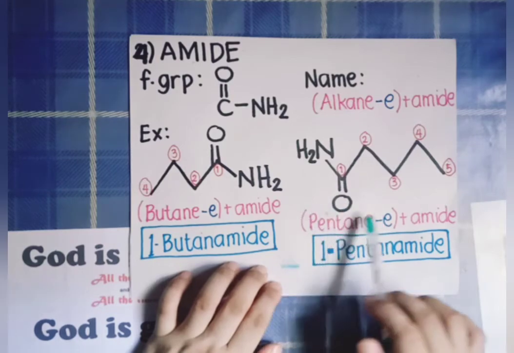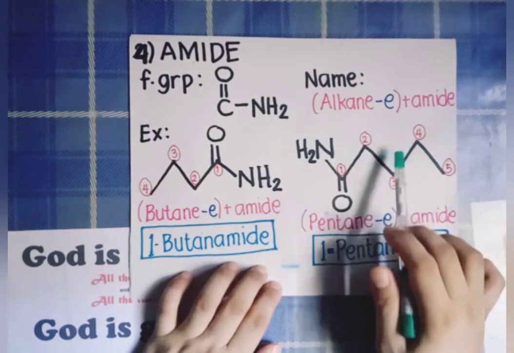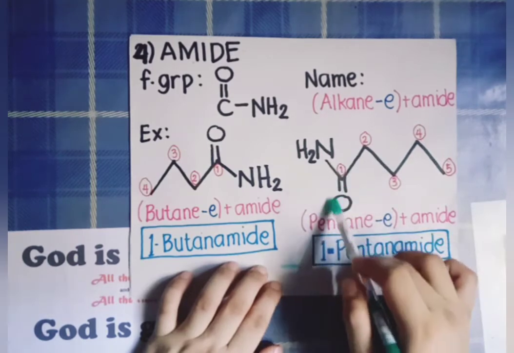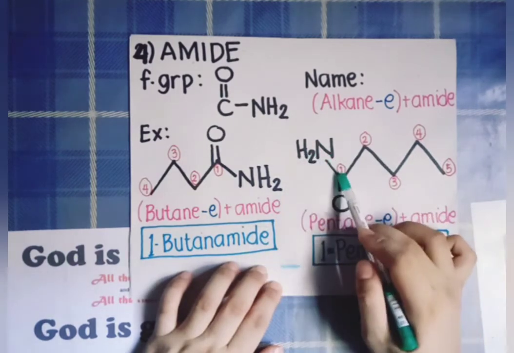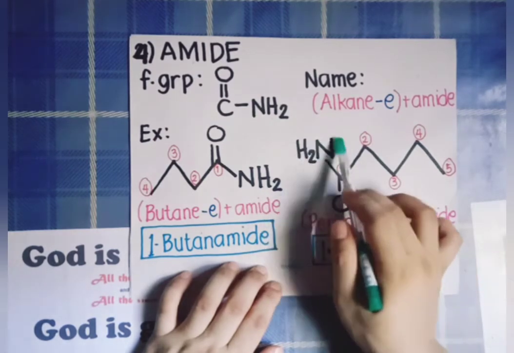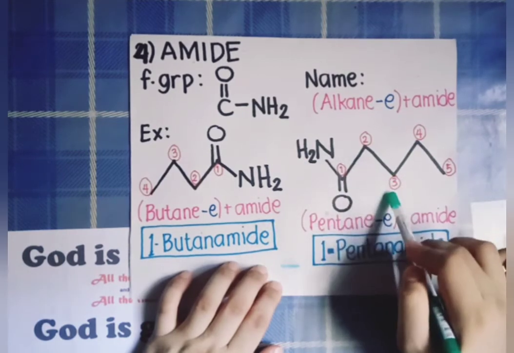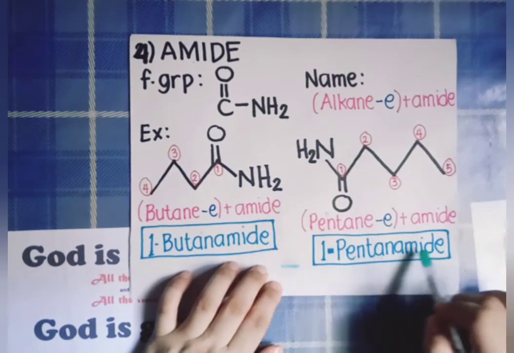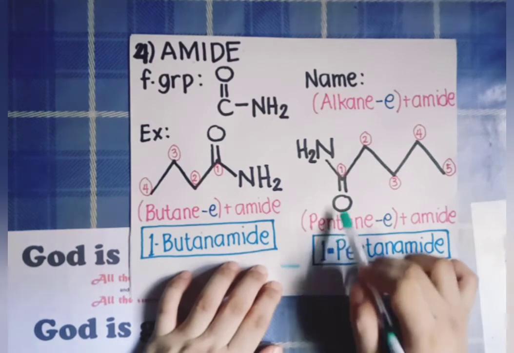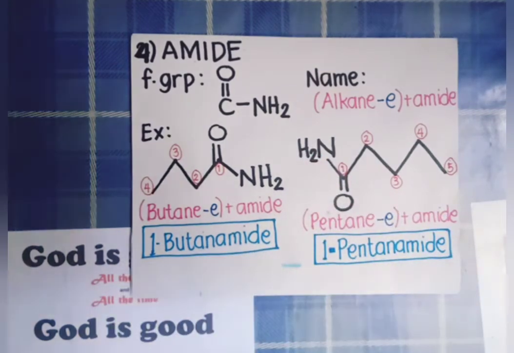So that's pentane minus E, plus obviously this one is actually an amide because of the existence of C double bond O NH2. Now the same carbon that bears the double bond O here, the carbon number 1, also bears an NH2 group. So therefore this is actually an amide, and therefore the name of this compound is 1-pentanamide. 1, because our C double bond O NH2 here can be found at carbon number 1.